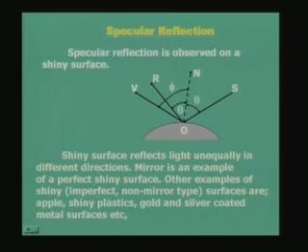Other examples of shiny surfaces which are imperfect or non-mirror type are the surface of an apple, shiny plastics, gold and silver coated metal surfaces, etc.